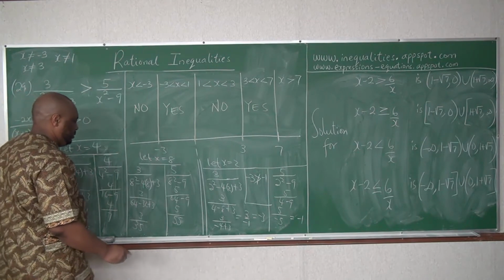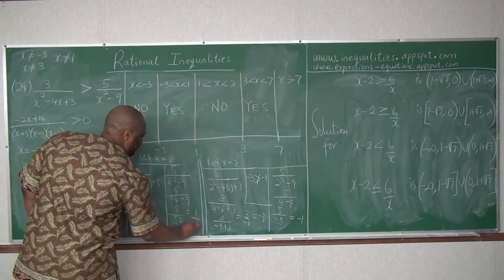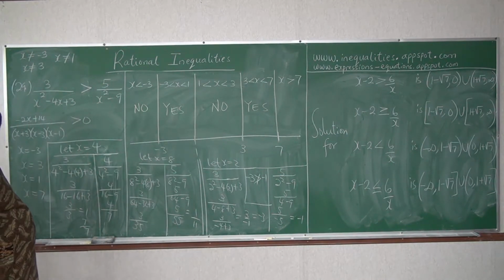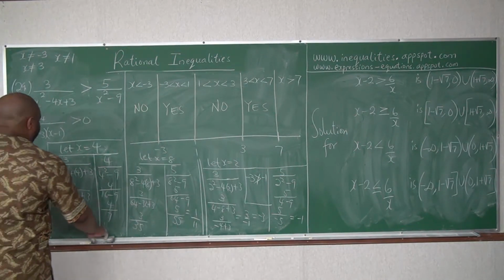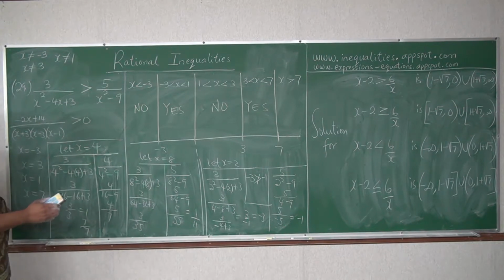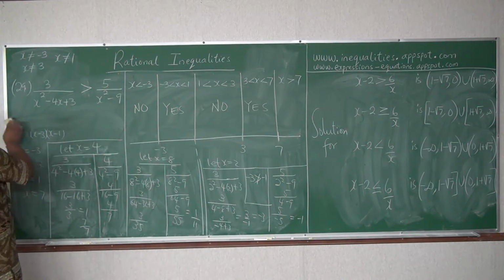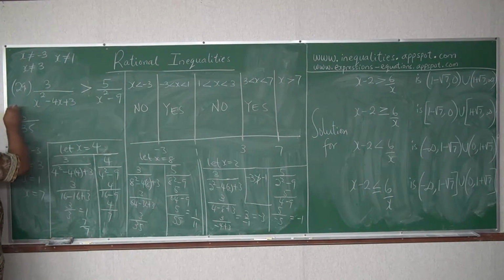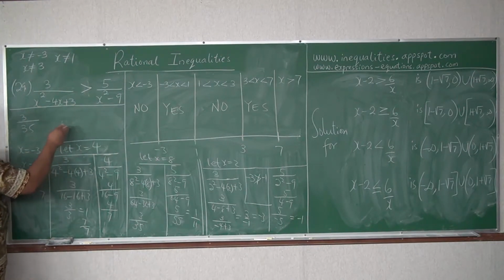Which is 1 over 11. So let's compare. We're going to compare 3 over 35 and 1 over 11.